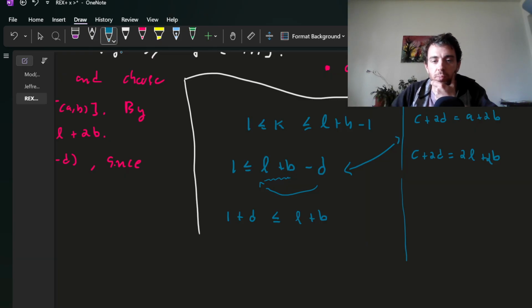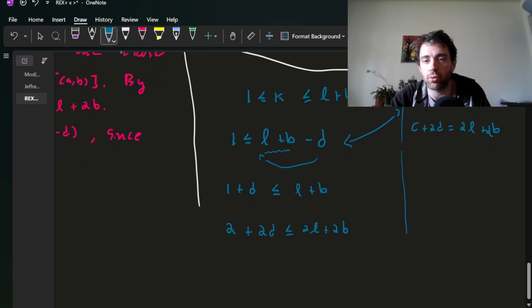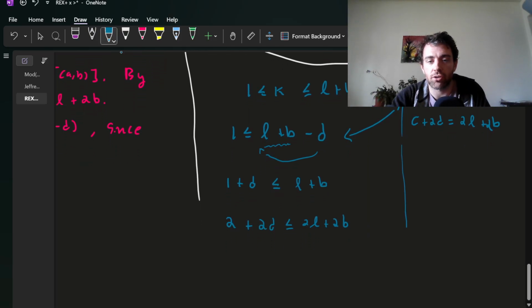So maybe if I multiplied both sides of this equation through by 2, I could get 2 plus 2D less than or equal to 2L plus 2B. Aha, so we're very, very close. The only other part of the puzzle that we would need to know is that C would have to be at least 2, right? C would have to be at least 2.